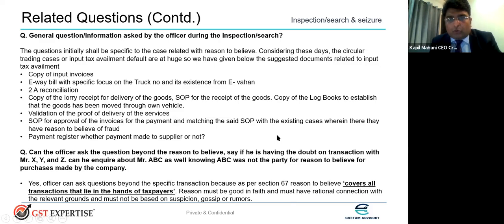I think what is more important is that this is something which is specific facts based, and today we are discussing more the aspect of post-mortem, but it is always a valid question, because all these inspections and searches happen because of those reasons only. So what is important for every assessee, whenever they know that there is a middleman involved, and the middleman is not the person actually giving the invoice, the middleman is only a person facilitating the trade and getting the goods to the receiving party.